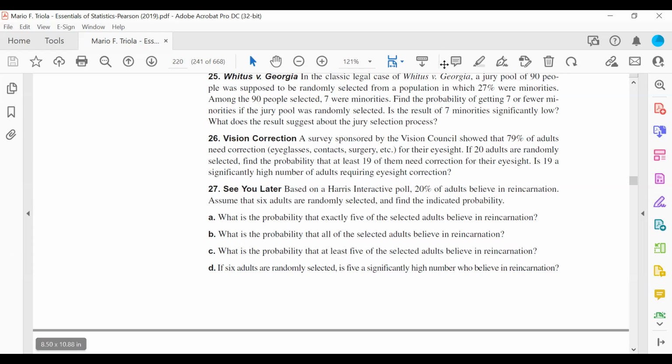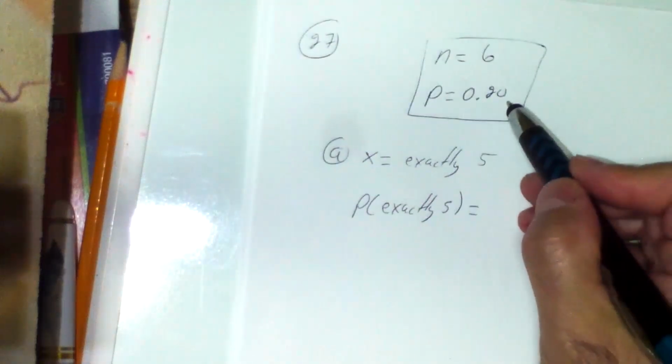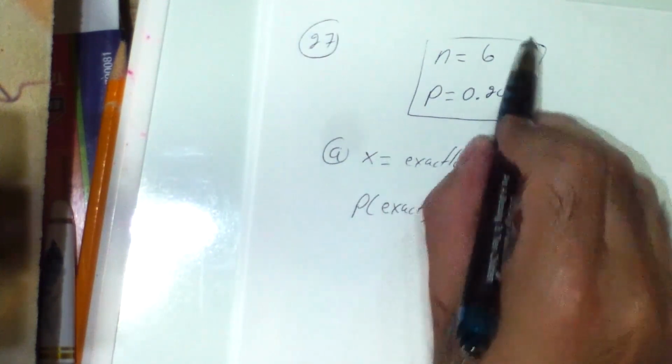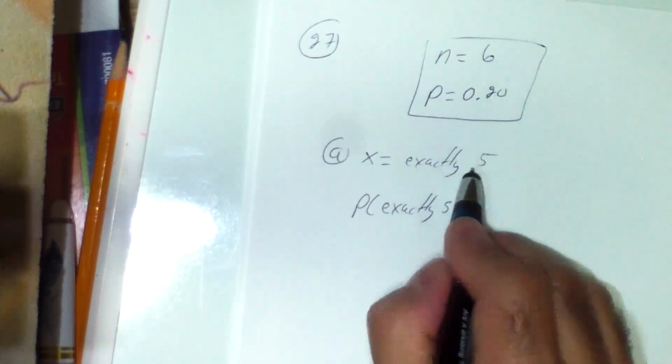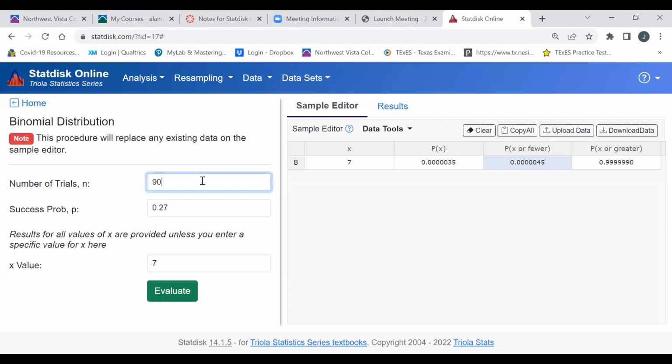Okay, so this is what I wrote down. N is 6, P is 0.2, A says exactly 5, so I gotta find the probability of exactly 5. So I'm gonna enter this, and 5, and I gotta find the value of 5 in the exactly column. So, let's see, 6, 0.2, exactly 5.